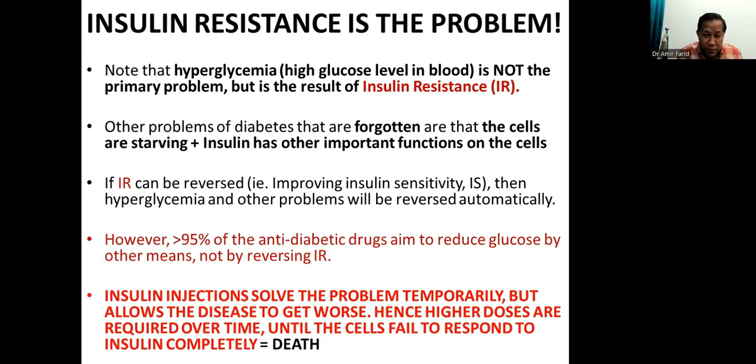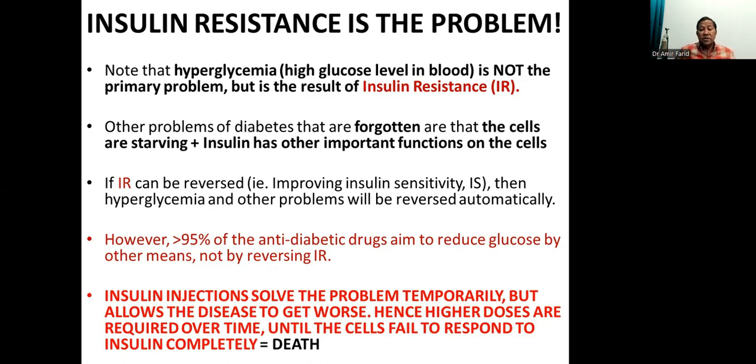So for type 2 diabetes, insulin resistance is actually the primary problem. The high blood sugar, the hyperglycemia, is not the primary problem, but the result of insulin resistance. Other problems of diabetes that are forgotten are that the cells are starving, and that insulin has other important functions on the cells.